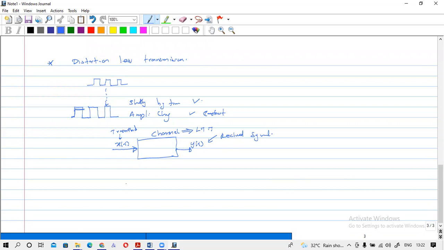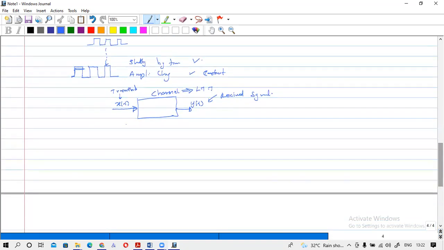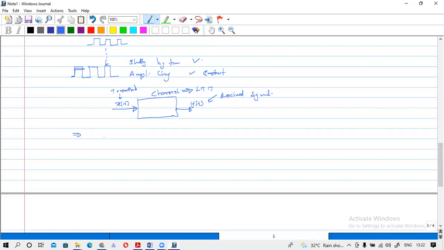So we say this is distortionless transmission if y(t) is equal to K x(t minus Td). That means this K should be a constant.